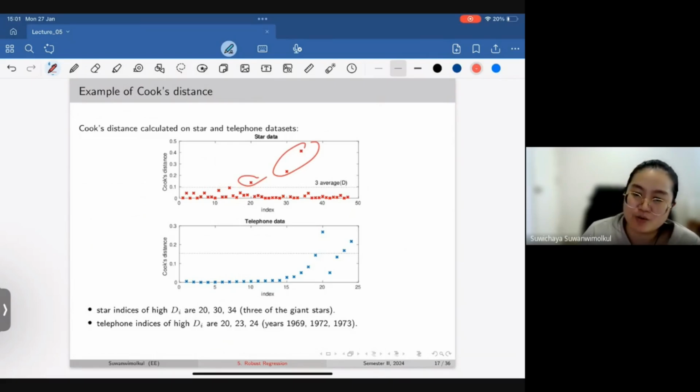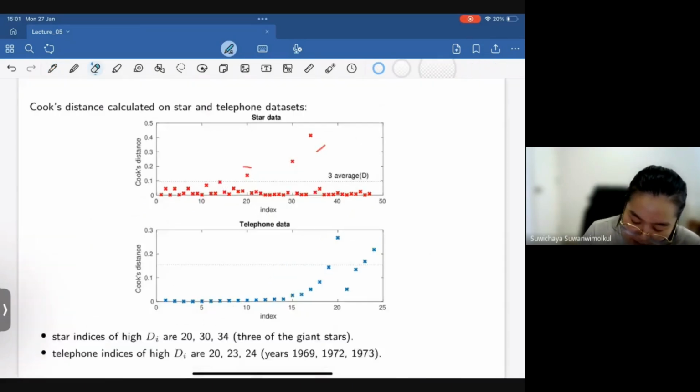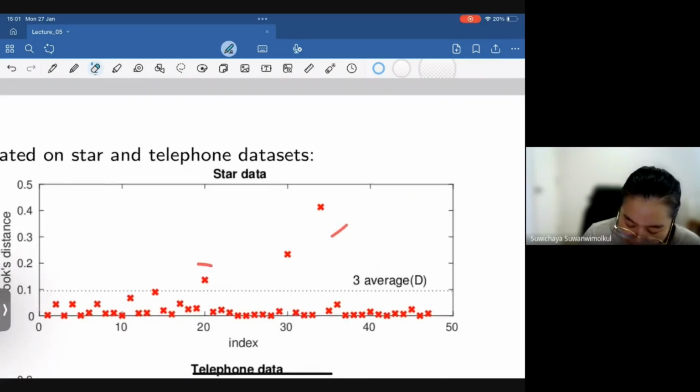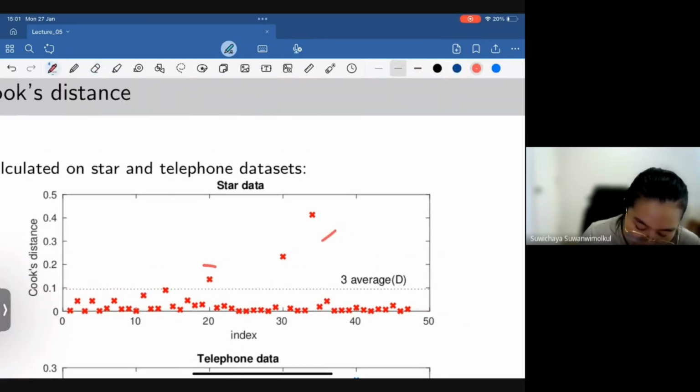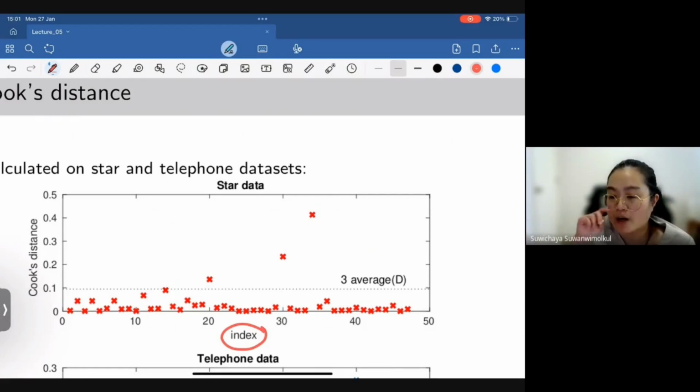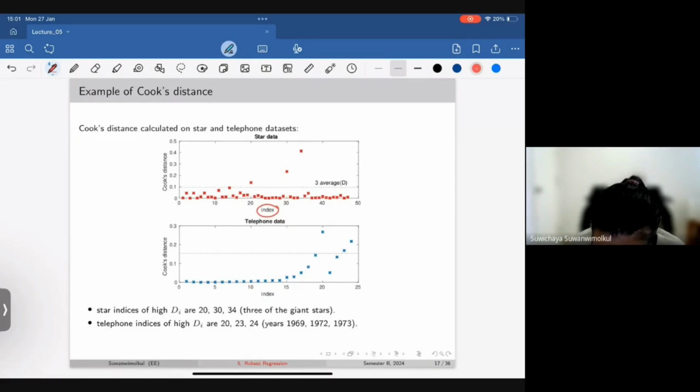Another thing to notice is that here they plot the dots of Cook distance versus the sample index, j equal to 1, 2, 3 up until m, which are the indexes of your training data. You can apply the same technique to your own work as well.